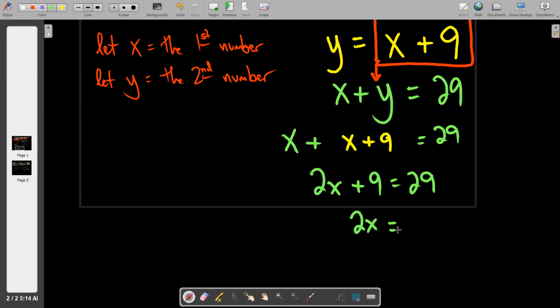For the 1058th time, when you move something over an equal sign, you have to change its sign. So when I move the 9, I subtract the 9 and I get 20. And then I divide by 2 and I get X equals 10.